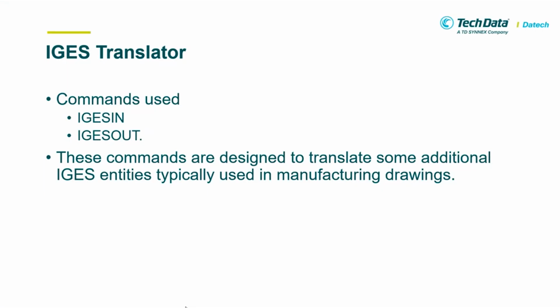IGES translator: AutoCAD Mechanical Toolset provides certain commands to translate between drawings and IGES file formats. These commands are designed to translate some additional IGES entities typically used for manufacturing drawings.